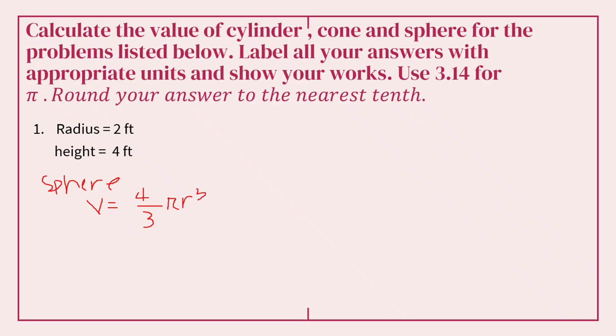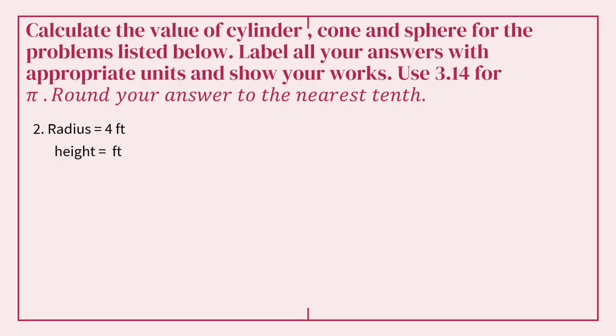Just plug in the value for the radius, which is 2 feet, and then 3.14 for pi, and then multiply by 4 divided by 3. All this is easy using your own calculator. Okay, so let's move on.